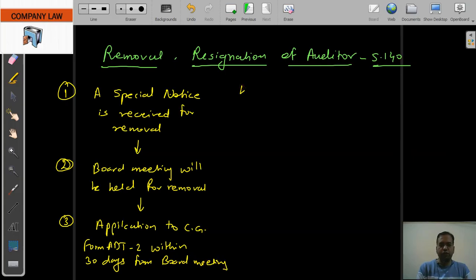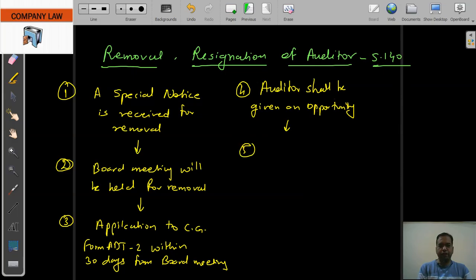Step number 4: the auditor shall be given an opportunity to be heard.